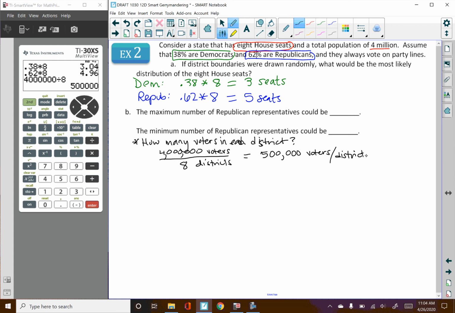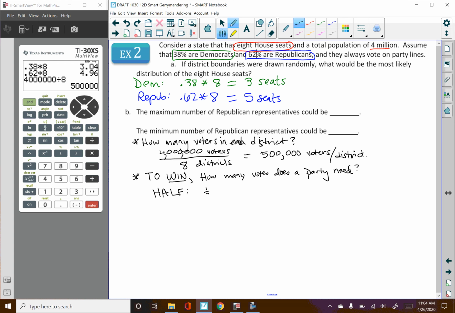Okay, so that's the first bit of information we need. So now we need to know, in order to win, how many votes do you need? Well, if there are 500,000 votes in a district, you would need half.